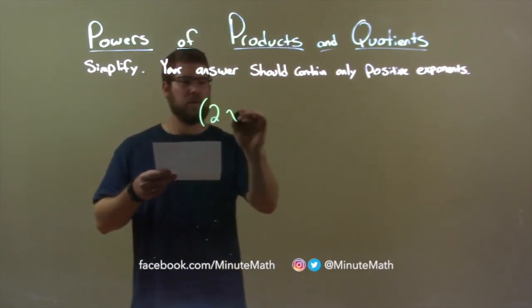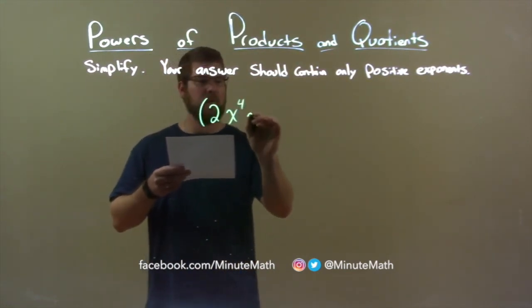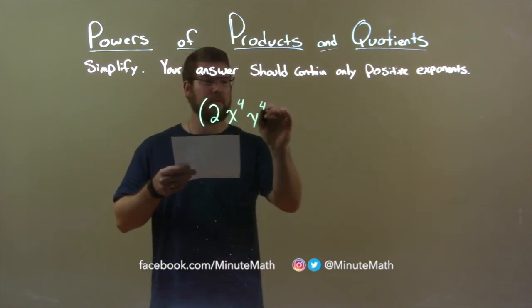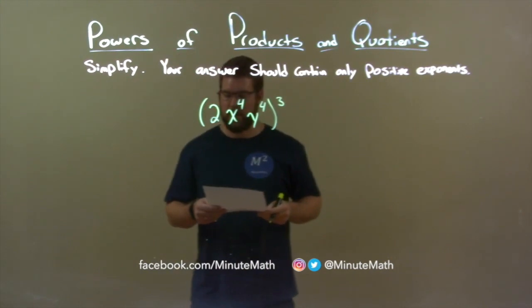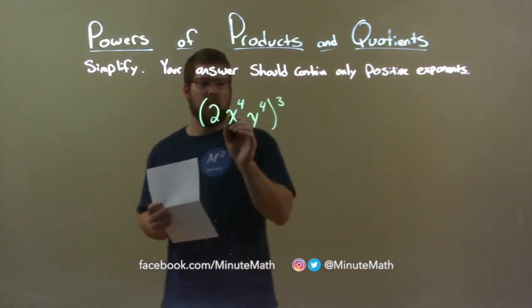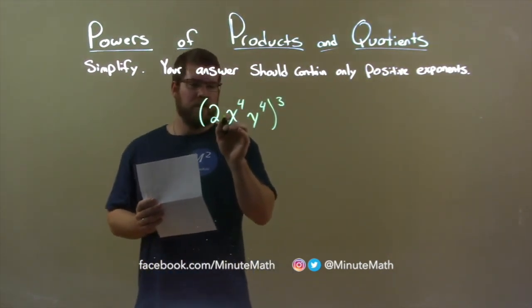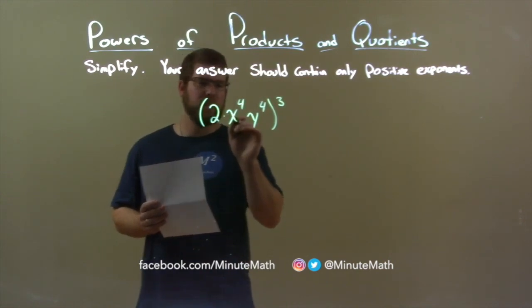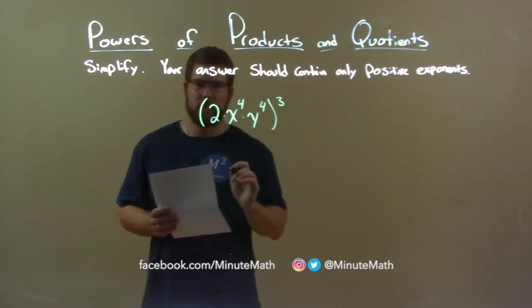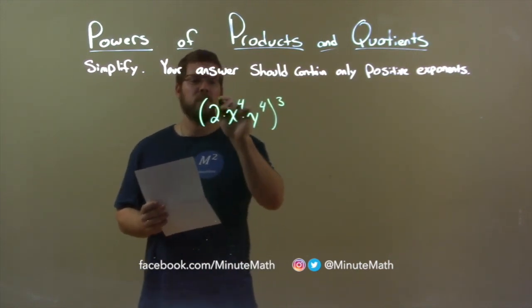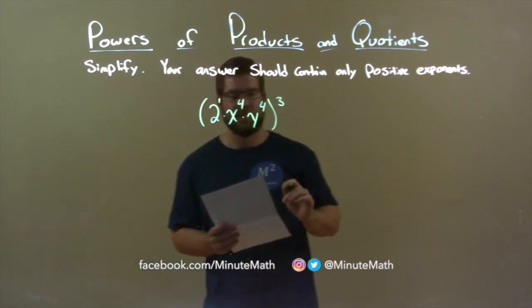2, x to the 4th power, y to the 4th power, all raised to the 3rd power. Okay? Well, we know each one here, 2 and the x, between there is multiplication. And between the x to the 4th and y to the 4th is also multiplication. 2 is also raised to the 1st power.